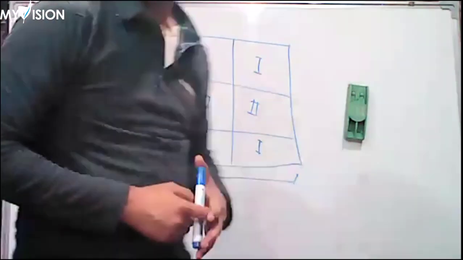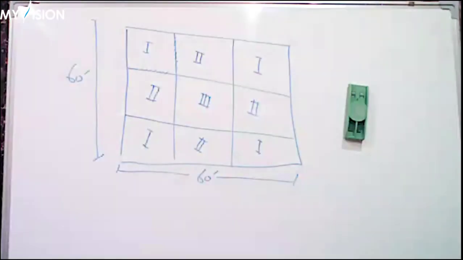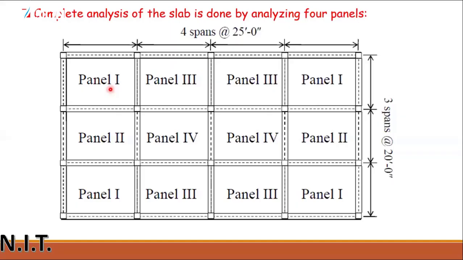Now you will try to understand why these panels are divided, why this complete slab is divided into panels. Let me explain. This complete slab is divided into small panels so that we can easily calculate the values.